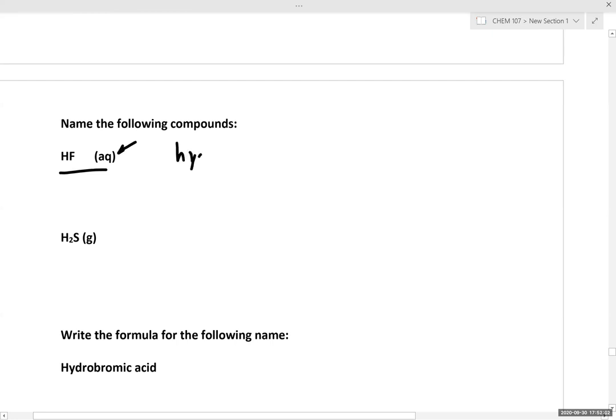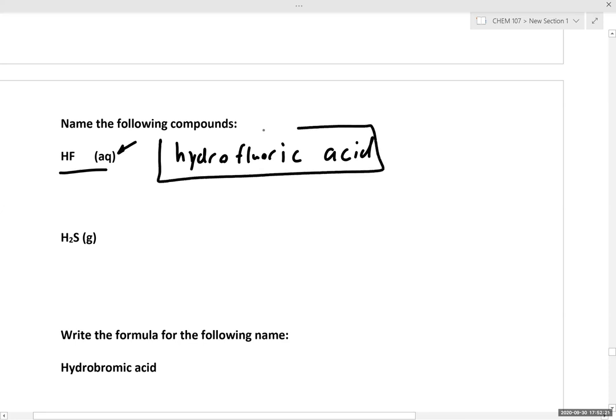So I add my prefix of hydro. Fluorine is fluor as the stem. I then change the ending to IC, so this would be hydrofluoric. And as it is an acid, I write the ending of acid. So this would be hydrofluoric acid.